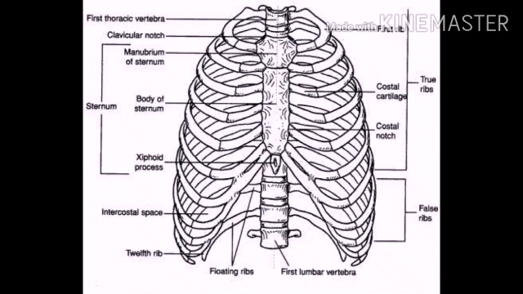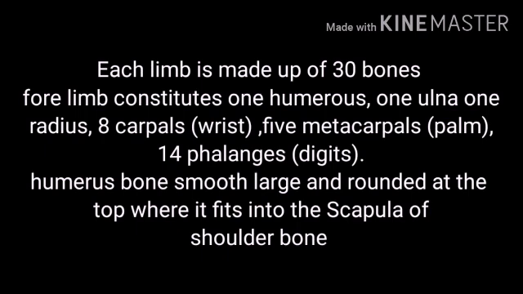Now let us look at the appendicular skeleton, the limbs. Each limb is made up of 30 bones. The forelimb constitutes 1 humerus, 1 ulna, 1 radius and 8 carpals which is the wrist, 5 metacarpals which is the palm and 14 phalanges, the digits. The humerus is smooth, large and rounded at the top where it fits into the scapula of the shoulder bone.